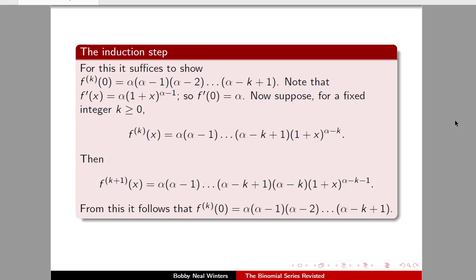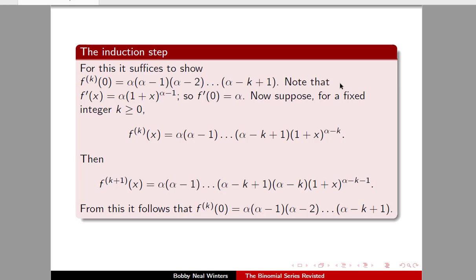Now suppose that for a fixed integer k, our formula holds: the kth derivative of f evaluated at x is equal to alpha, alpha minus 1, etc., times (1 plus x) to the alpha minus k. We can then use that and take its derivative to get the (k plus 1)st derivative of f evaluated at x.